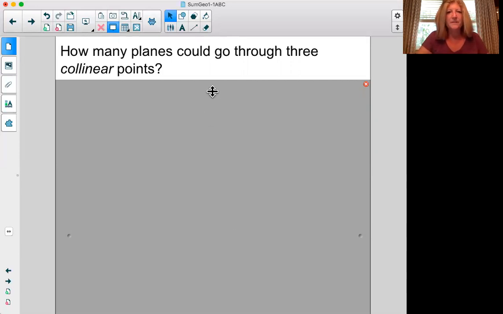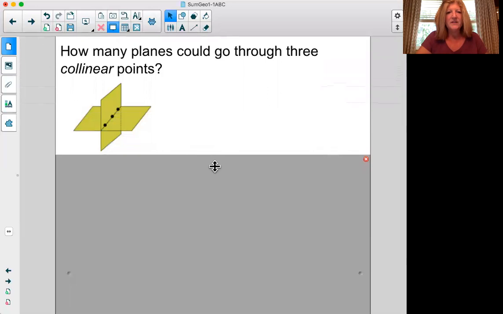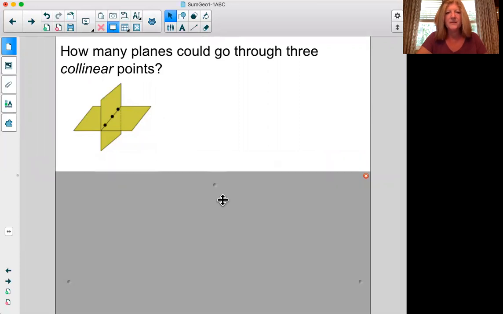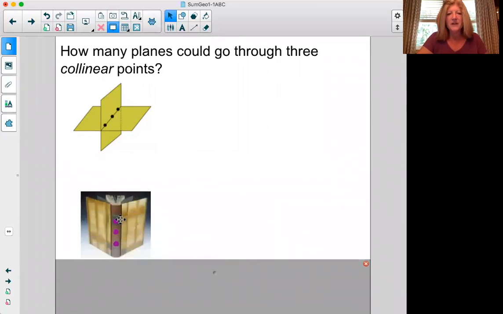Let's look at a picture. If you have these 3 collinear points, here's a plane that goes through them, here's a plane that goes through them. If you think about 3 collinear points being on the spine of a book, all the pages could represent a different plane that goes through those 3 points.